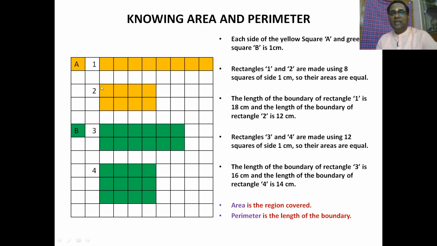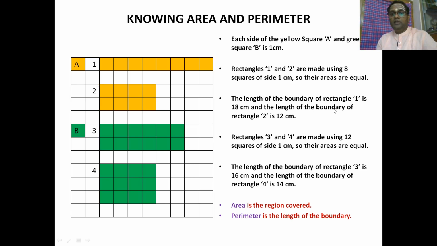Now let us see the length of the boundary, that is perimeter, of rectangle 2. Again we start from this corner, 1, 2, 3, 4, 5, 6, 7, 8, 9, 10, 11, 12.